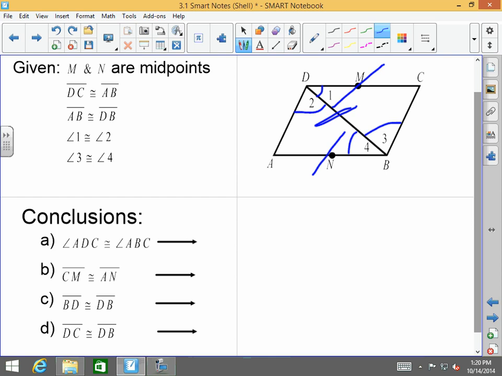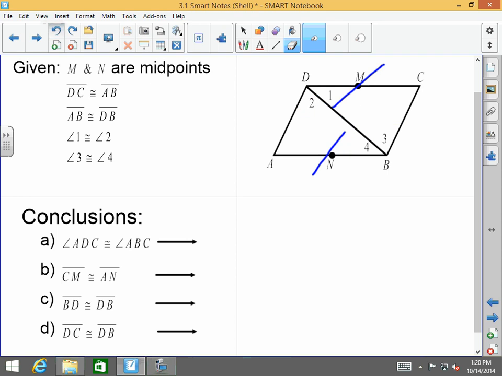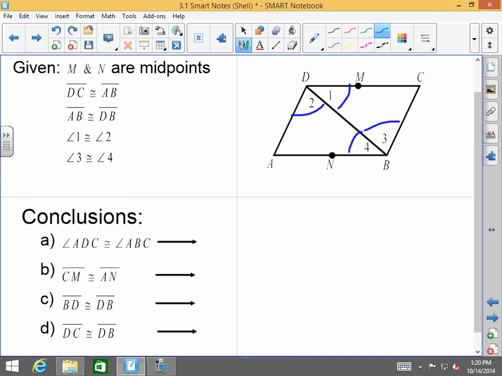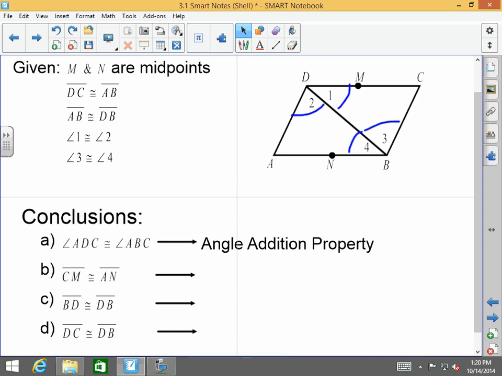Think about this, guys. Didn't we say that angle 1 is congruent to angle 2? And angle 3 is congruent to angle 4? Correct? Okay. Thank you very much. So we're going to be talking about the angle addition property.